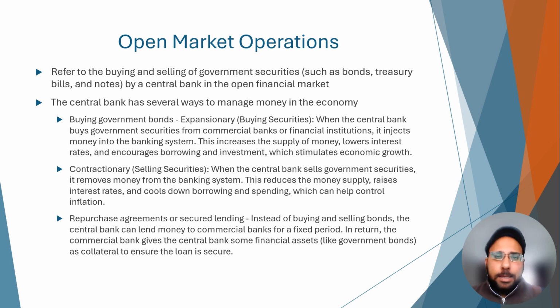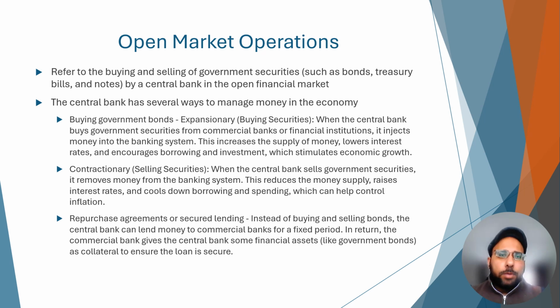This typically causes interest rates to rise, making borrowing that bit more expensive, and in turn slowing down economic activity. So central banks will use this in order to combat inflation, as you know now, to cool down an overheating economy.